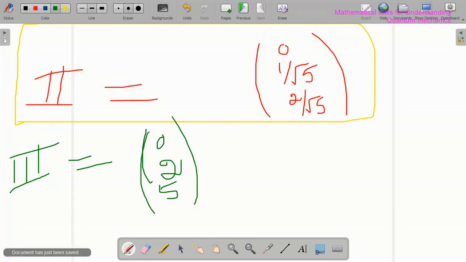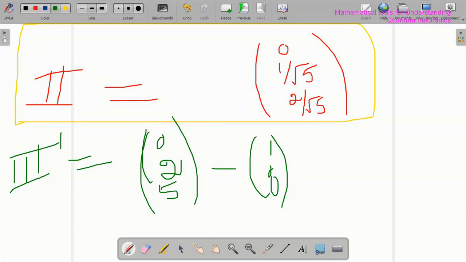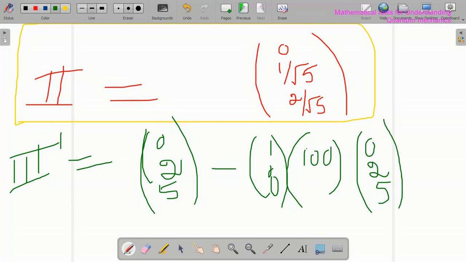The same procedure: v3 dash is equal to 0, 2, 5 minus (1, 0, 0) times its projection on 0, 2, 5. This is again 0, completely 0.